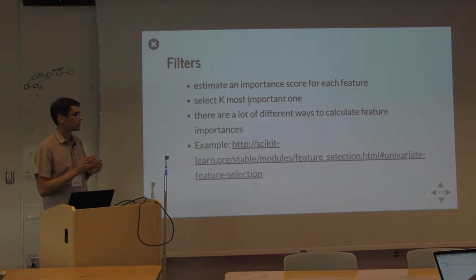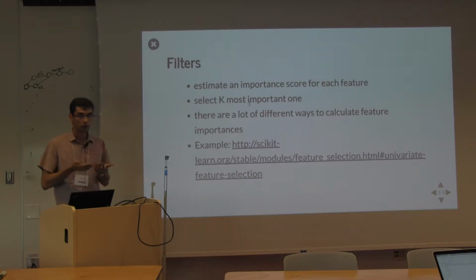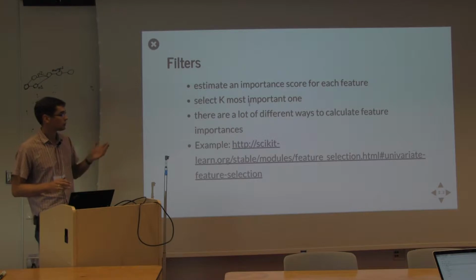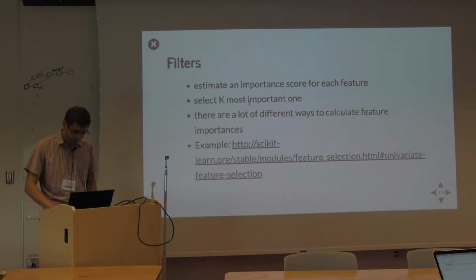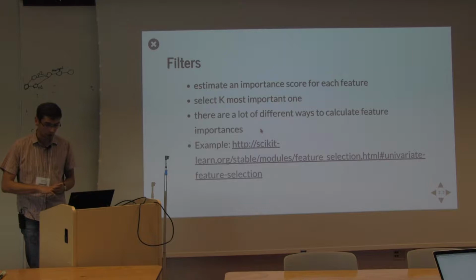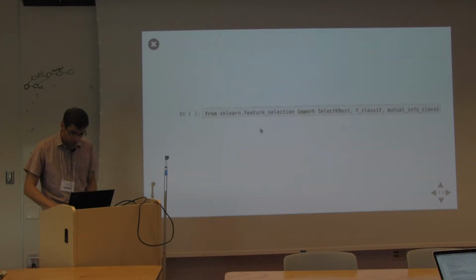So it's pretty simple, and there are a lot of ways to calculate this score, and I'll show you two popular examples, and you can read more using the scikit-learn documentation. So let's start. It's import of necessary stuff.